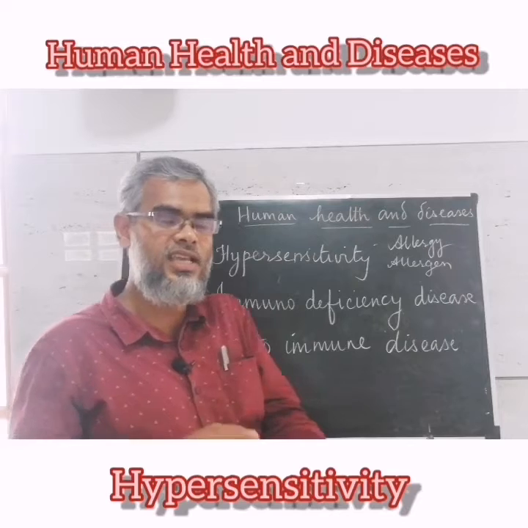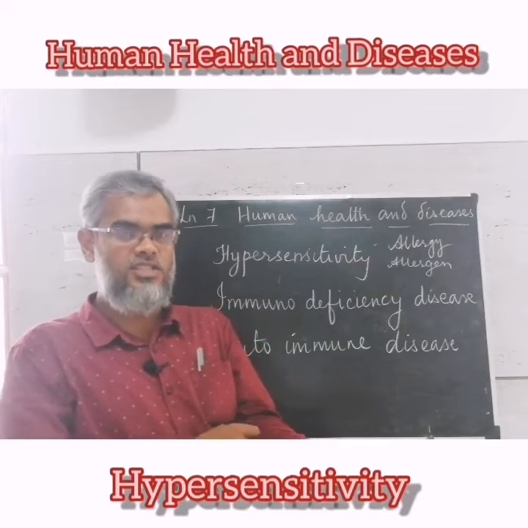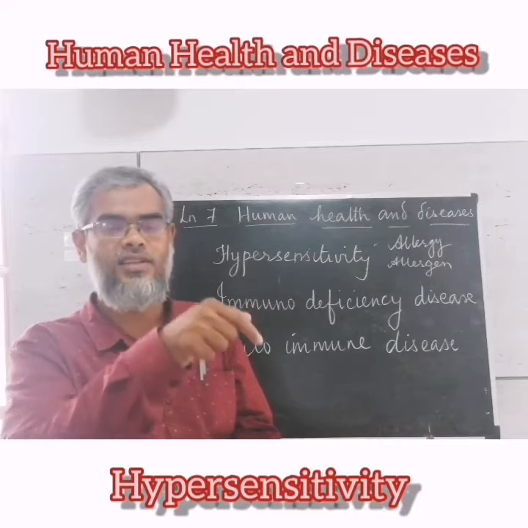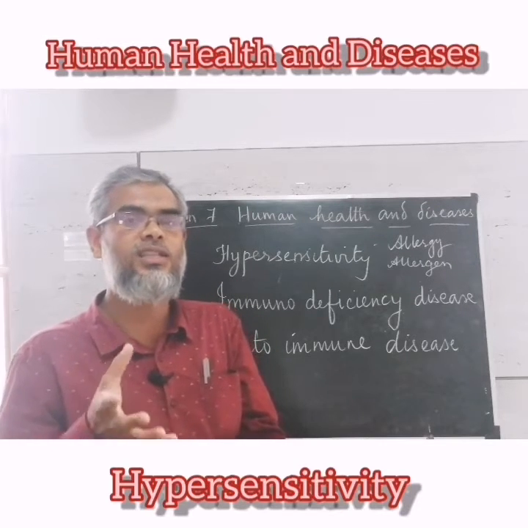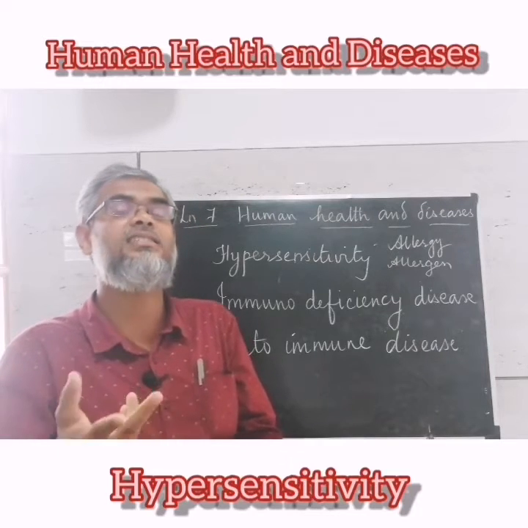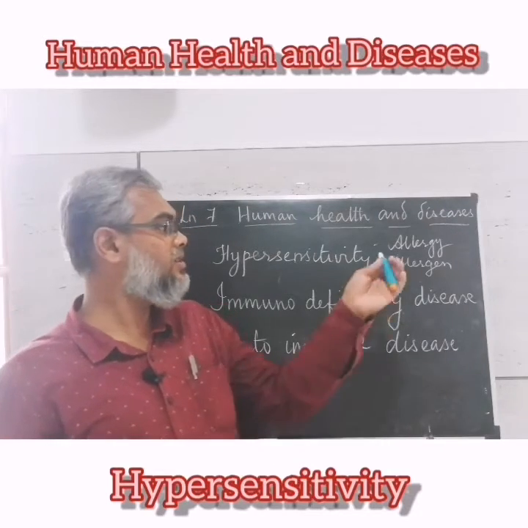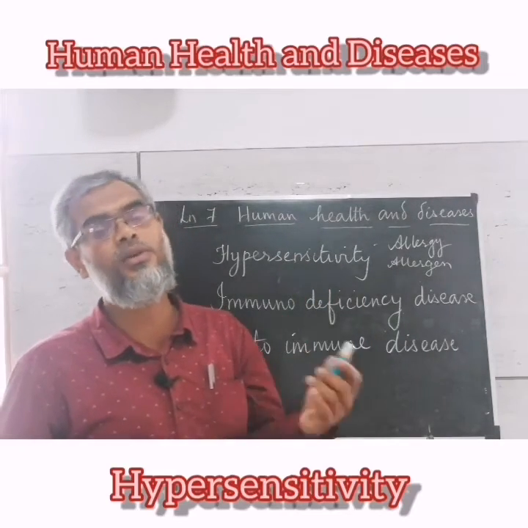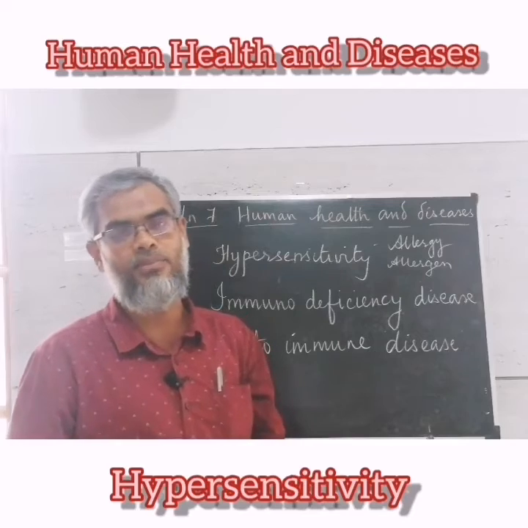Or they say it is a test injection. We'll just see whether any problem is there. Why? Because we check whether our body is supporting this, or any allergic reaction is occurring. That is why we say hypersensitivity. That is also because of immunoglobulin, our antibodies only.